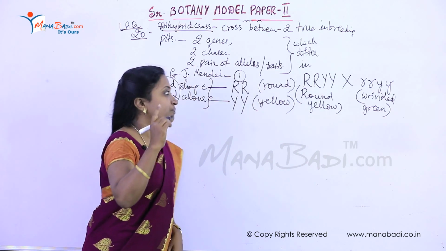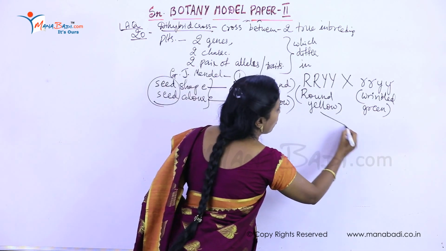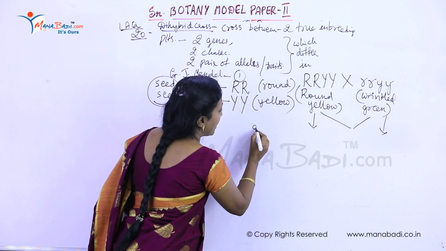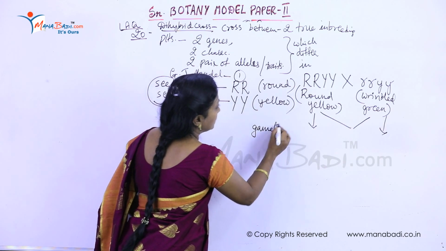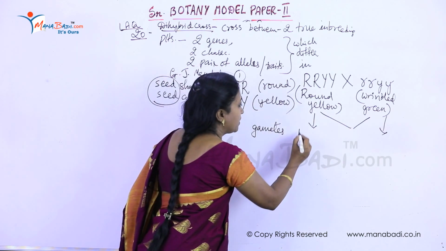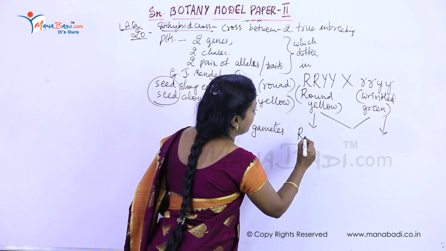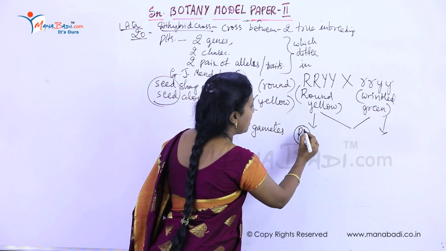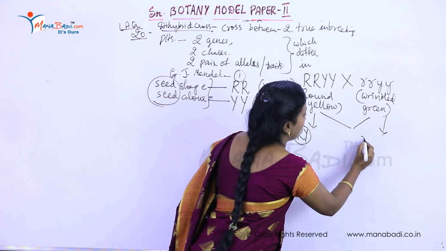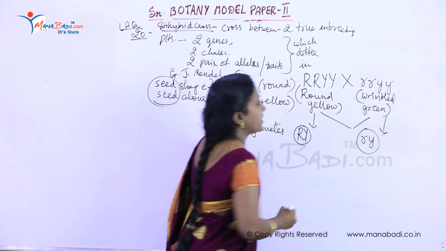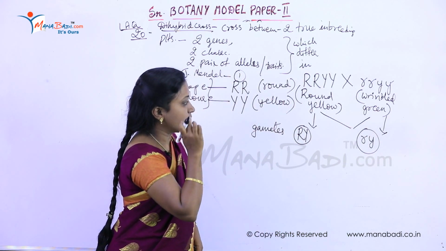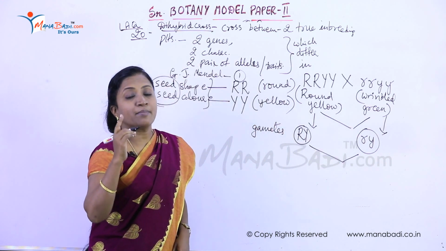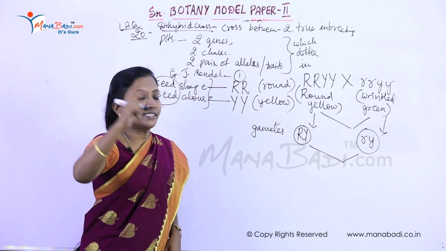As a result of this cross, what are the gametes produced? Since it is a dihybrid cross, capital R, capital Y and small r, small y are the gametes produced. One must remember that gametes must always be encircled.